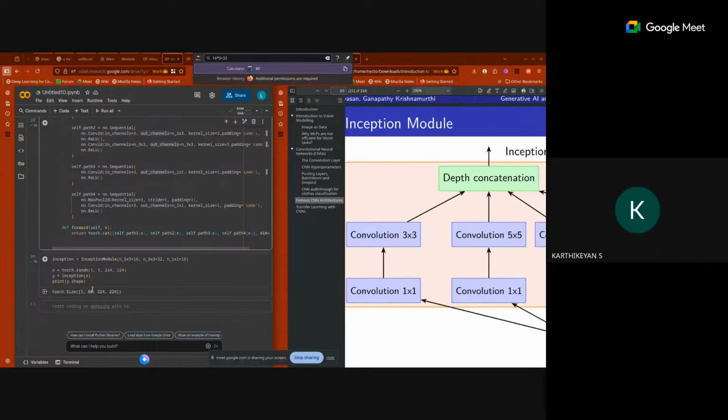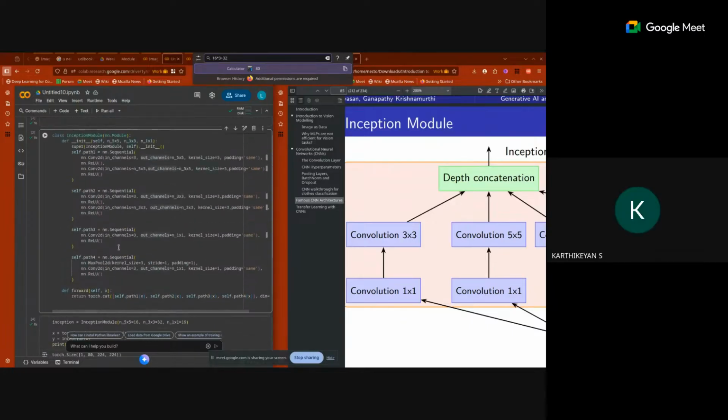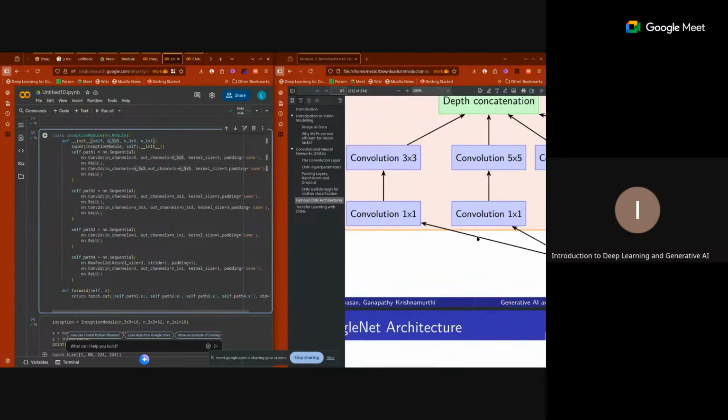Say, for example, this is not for the understanding. In the exam, we will be given three arguments for the inception module with four paths, and it can be customized, as I said. Here I have the same number of filters here and here, but you can customize that.